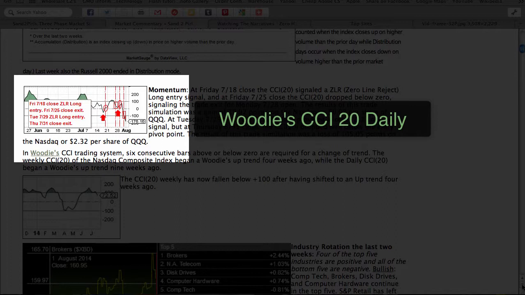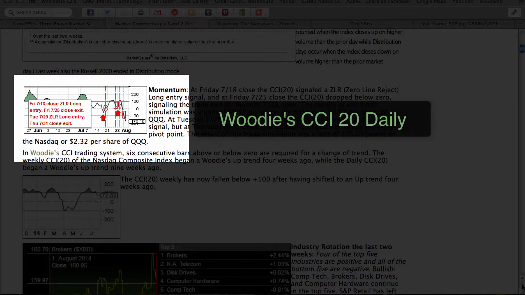Momentum. At Friday, 7/18 close, the CCI 20 signaled a zero-line reject long entry signal, and at Friday, 7/25 close, the CCI 20 dropped below zero, signaling the trade exit for Monday, 7/28 open. The result of this trade simulation was a gain of 29.92 points on the Nasdaq, or 92 cents per share of QQQ.